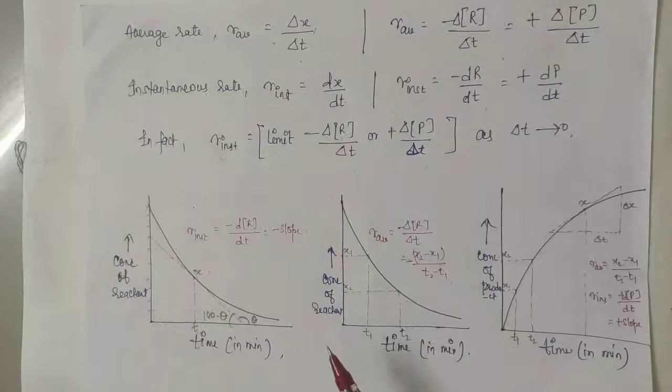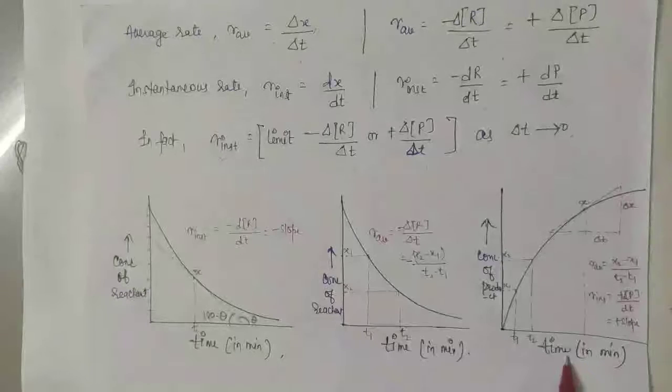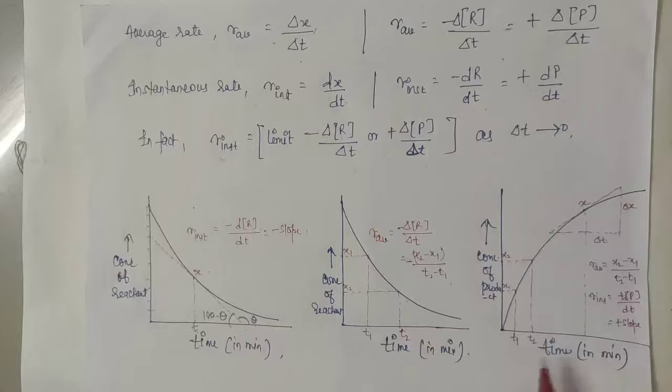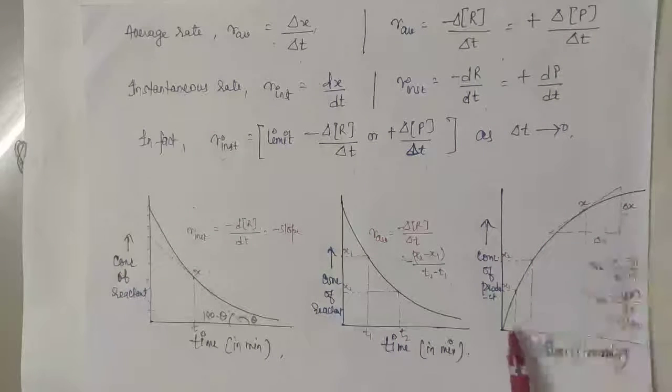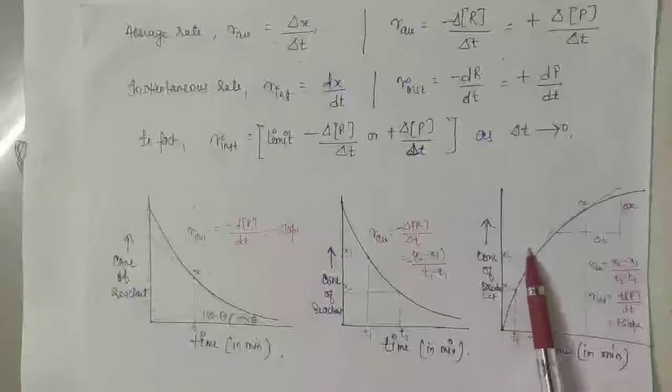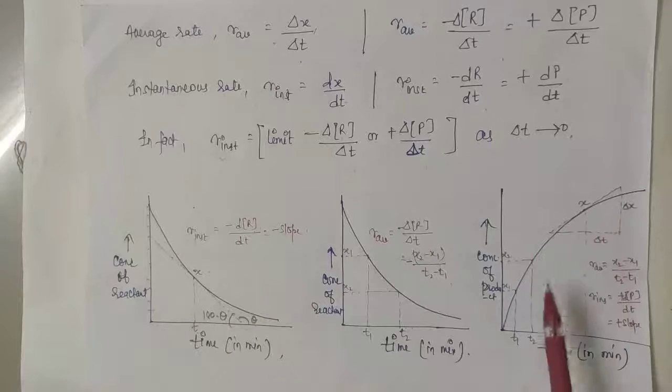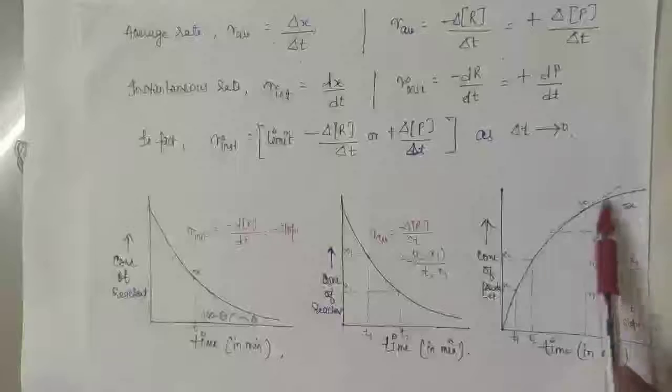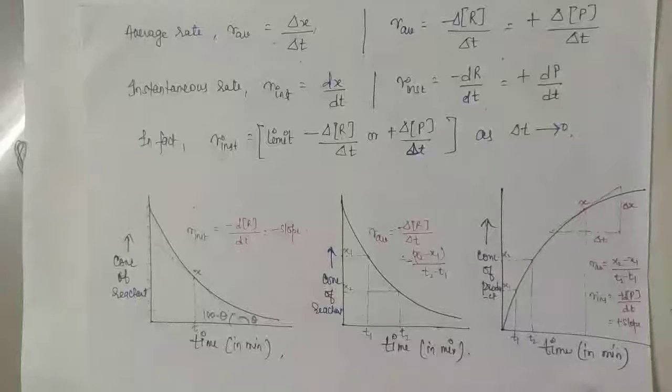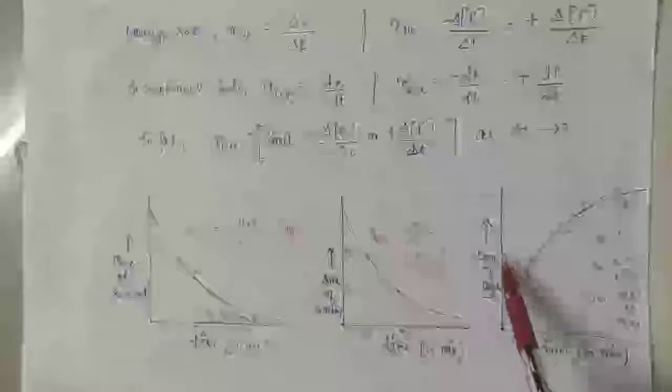Now in terms of product, the concentration of product is plotted against time interval, in minutes. Since the product concentration is rising with time, the curve will look like this. Now to find the average rate, we have to find the concentration at t1. At t1 the concentration is x1. At t2 the concentration is x2.